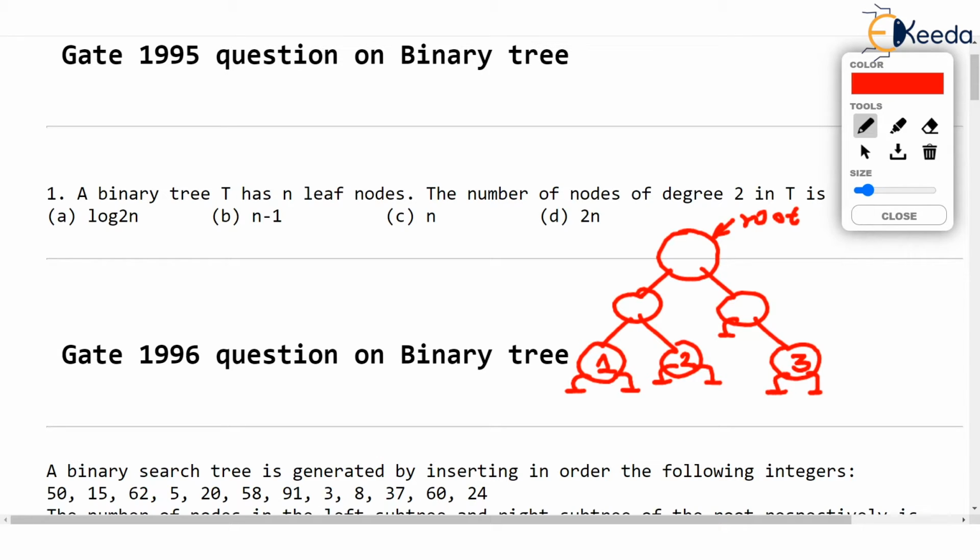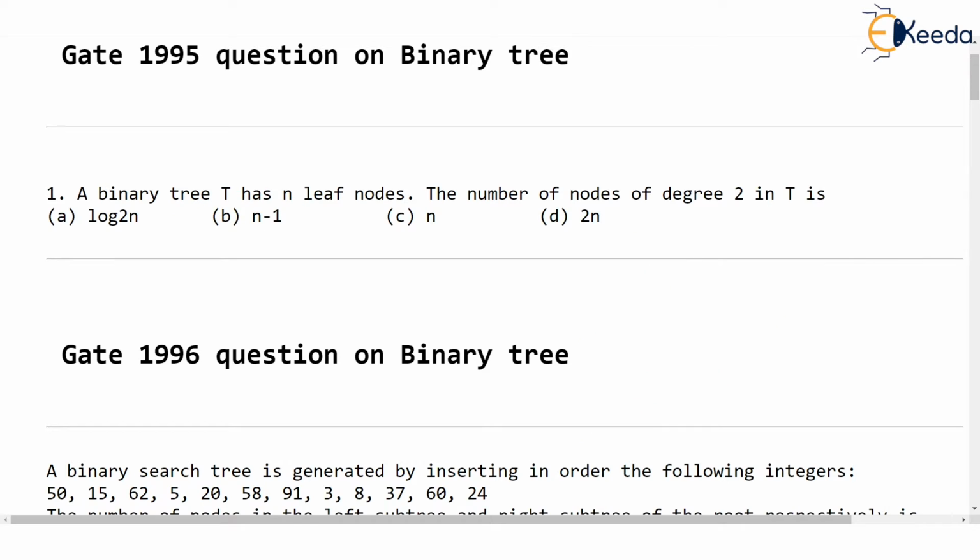The root which I am encircling has degree 2, and this node which I am now encircling also has degree 2. No other node does; this node does not have degree 2 as it does not have a left child. So when the number of leaf nodes is 3, the number of nodes of degree 2 is exactly 2. So n minus 1 is the correct answer for this question.